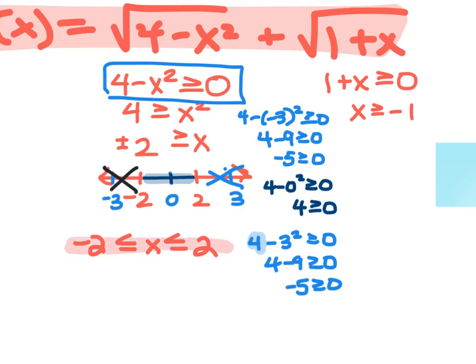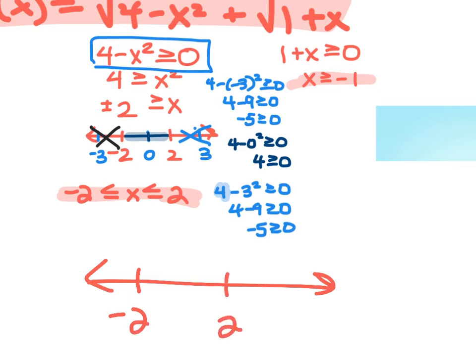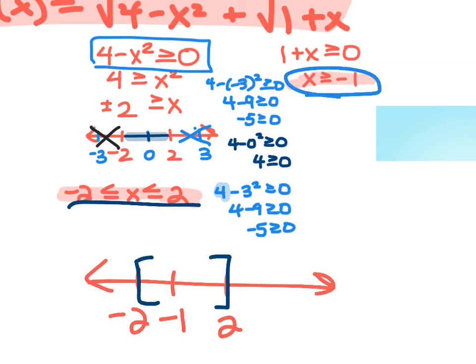But there's still 2 domains here. Remember, we need the most restricted one, right? So if I want to put that on a number line, clean it up. This first one is saying it has to be in between here and here. And the second one is saying it has to be greater than or equal to negative 1. And it only works where they overlap, right?